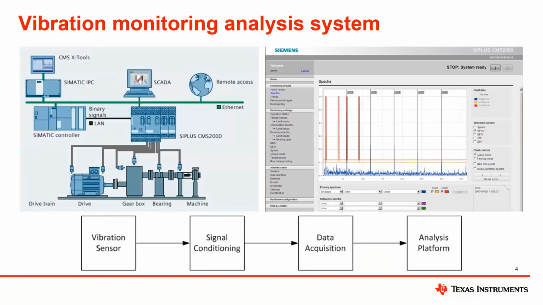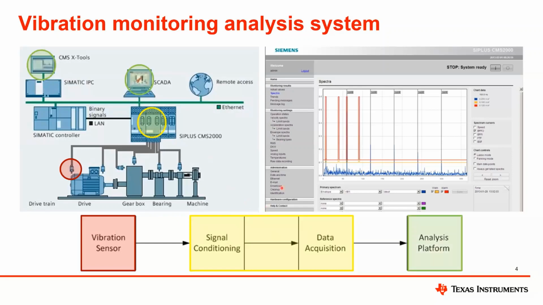So if we start by looking at the typical vibration monitoring system, we see the vibration sensor attached to a monitored machine or equipment. The sensor converts physical vibration into an electrical signal. This electrical signal goes through a signal conditioning and data acquisition module, which converts it to a data stream that can be processed either at the edge or transferred over a network protocol like Ethernet to a higher level.